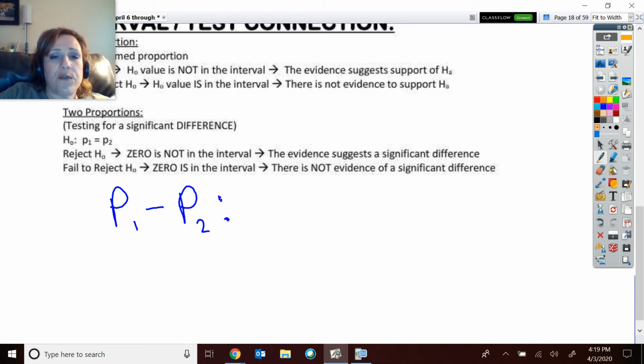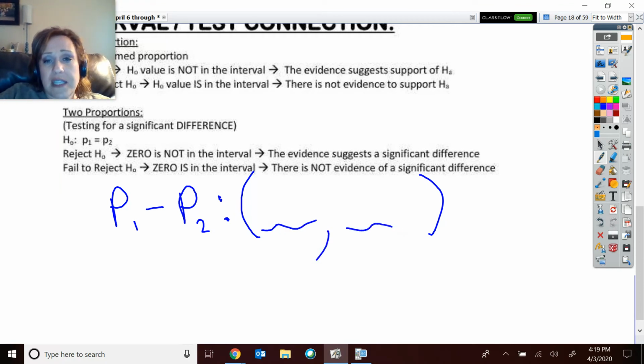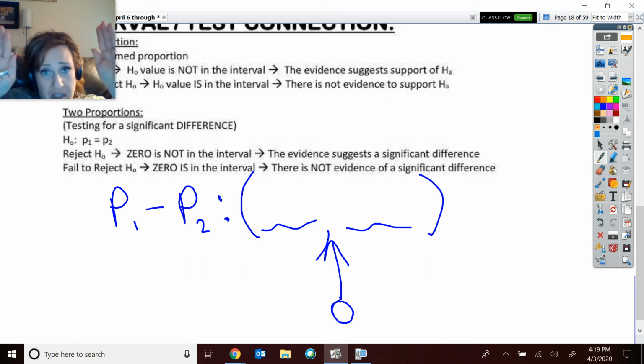And so remember that interval I get is evidence about there being a difference between those two proportions. So if this is completely above 0, then you have evidence of a significant difference, okay? If 0 is in there, then you don't have evidence of a clear, significant difference occurring, okay?